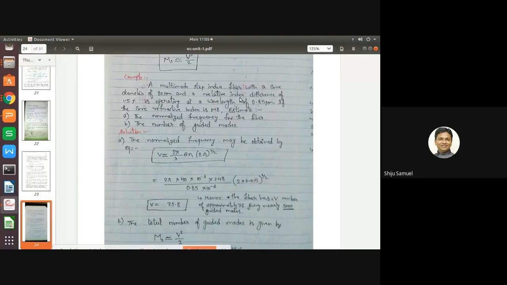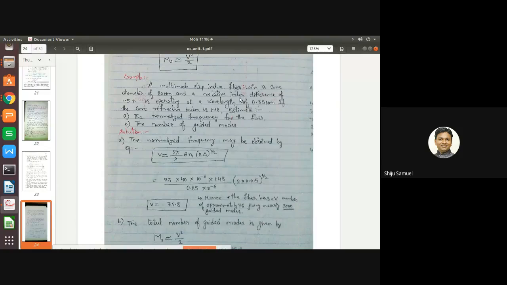So 2 pi into 40 into 10 to the power minus 6 into 1.48 divided by lambda, the operating wavelength 0.85 into 10 to the power minus 6. Now another term is root of 2 del.